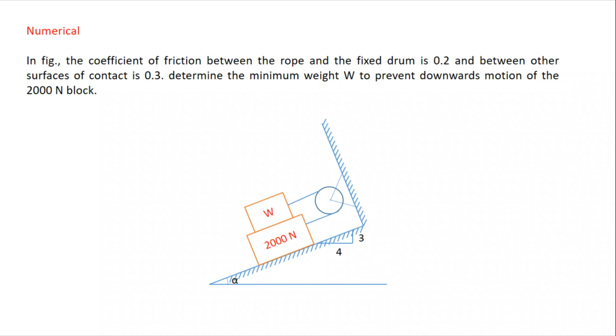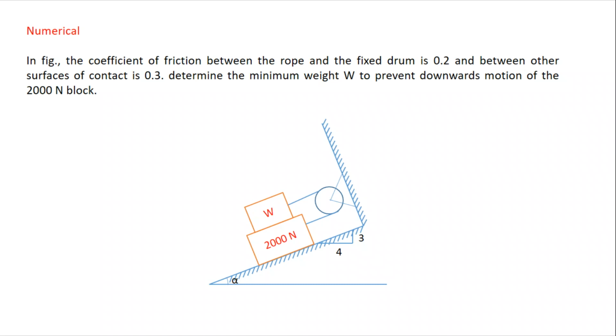Friction between the rope and the fixed drum is 0.2, and other surfaces of contact is 0.3. Other surfaces means between the blocks W and 2000 Newton, and between the floor and the 2000 Newton block.